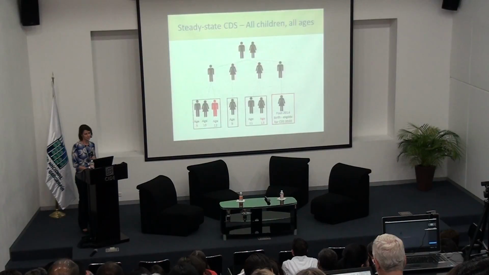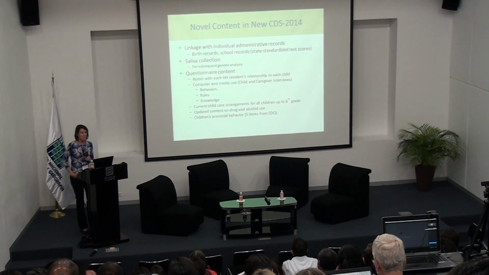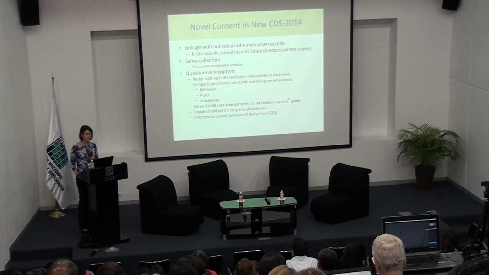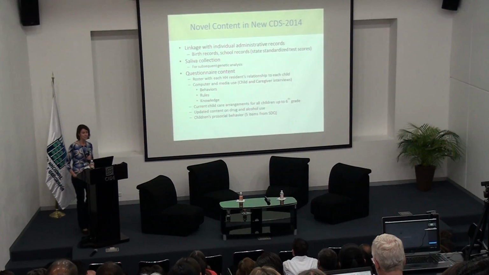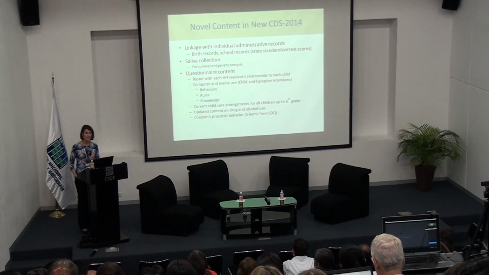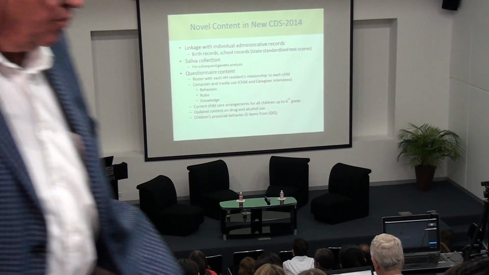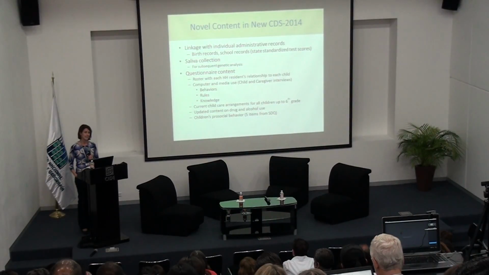So as we heard from the census, the content that people are interested in changes over time, and the ways we use the data also change over time. So in this wave of CDS, we're asking for permission to link to administrative records, including the birth records for children and their caregivers, and to the school records of children who are at least 8 years old, so we can have their state standardized test scores.